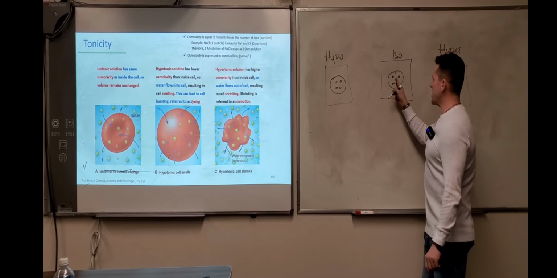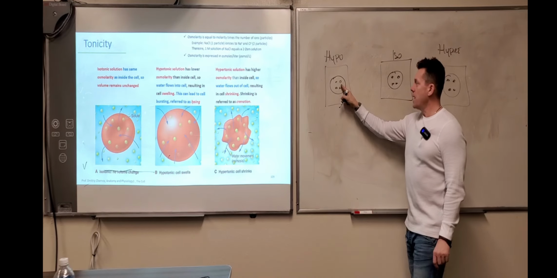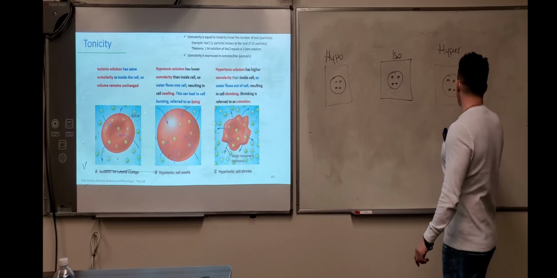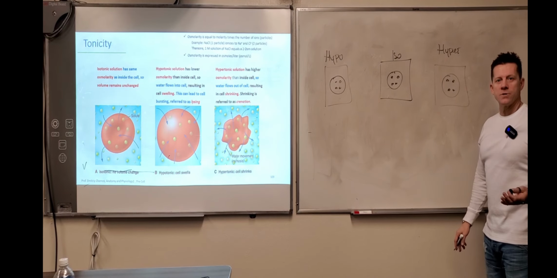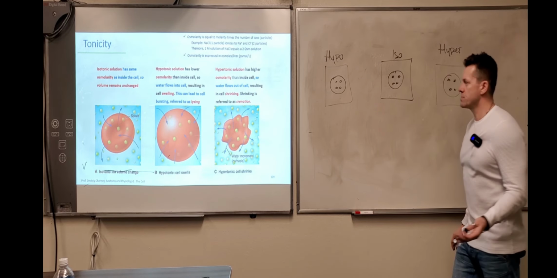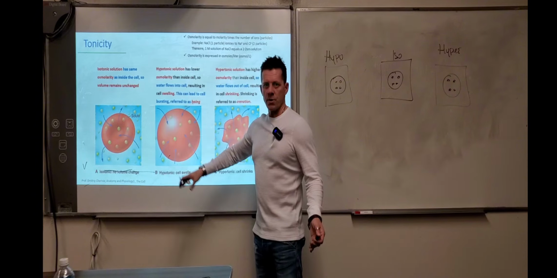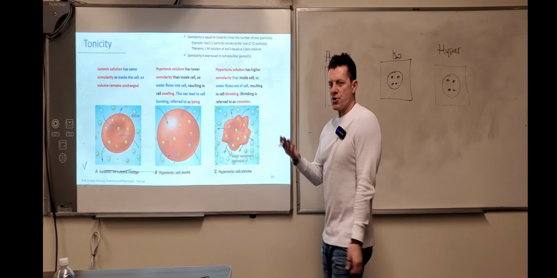Identical number of solutes within the cell. But outside of the cell, concentration may change. It will change. And let's say it's blood, right? You take a red blood cell and you put it in the circulatory system.